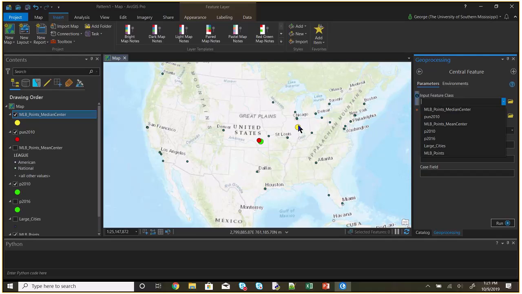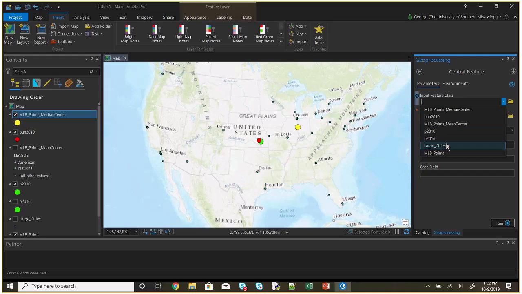In other words, that location minimizes the distance to all these other locations. So it's different than taking the average x and the average y. It would be like a distribution center for an airplane, because we're not necessarily concerned about the path.